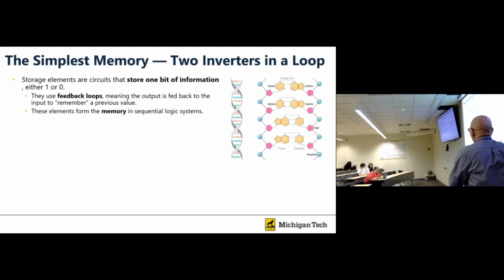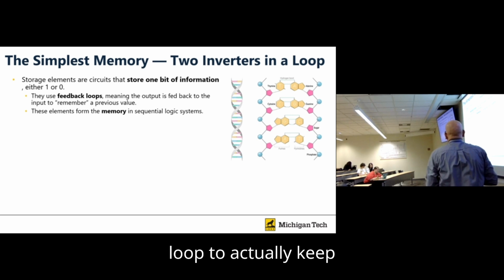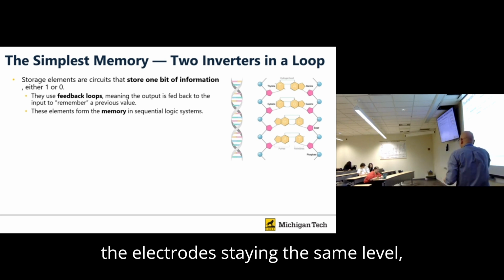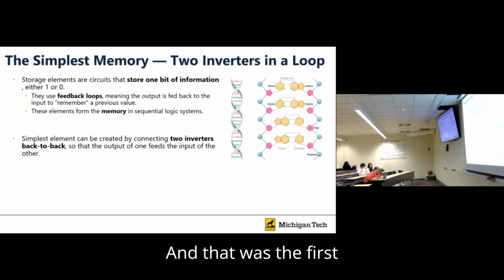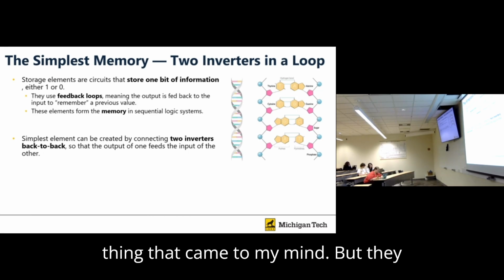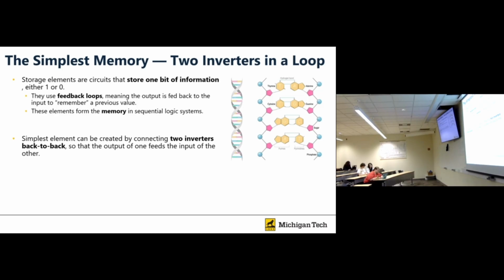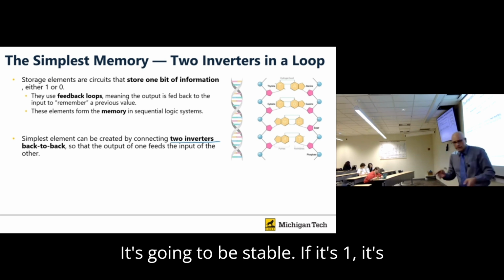The first loop that they came to is called a feedback loop. They use feedback loop to actually keep the electrons, or voltage, stay at the same level. But they said, okay, let's make the smallest or easiest loop with two inverters. It's gonna be stable.